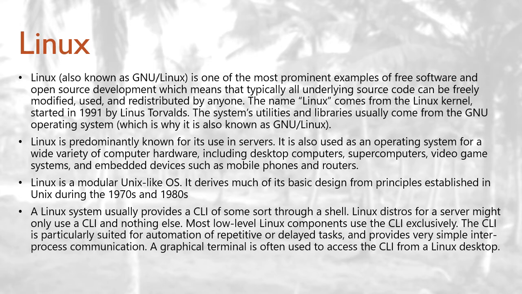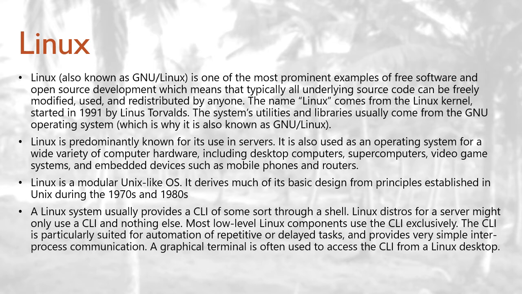Linux is a modular, Unix-like OS. It derives much of its basic design from principles established in Unix during the 1970s and 1980s. A Linux system usually provides a CLI of some sort through a shell. Linux distros for servers might only use a CLI, command line interface, and nothing else.